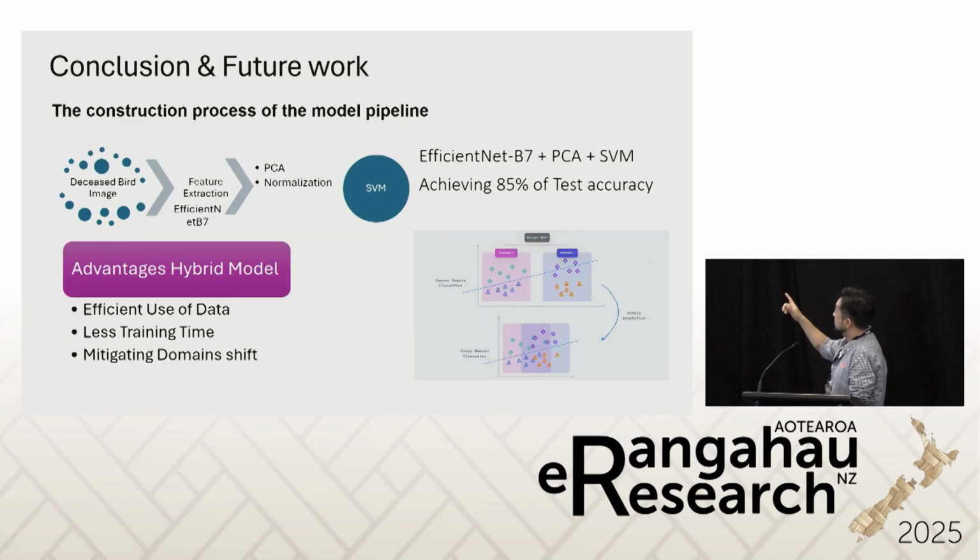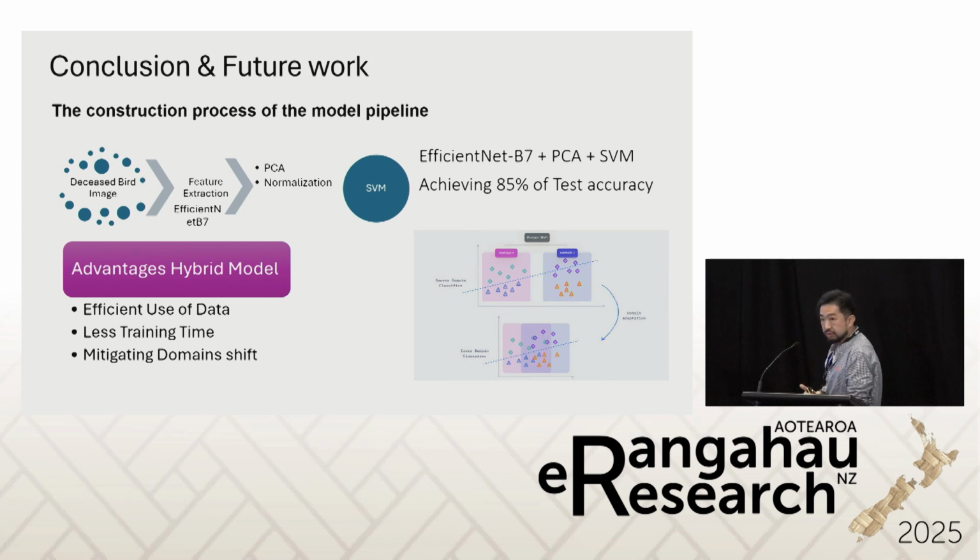Finally, after hundreds of tests, we found the best combination for this hybrid model is EfficientNet B7 plus PCA plus SVM, which achieved 85% test accuracy.